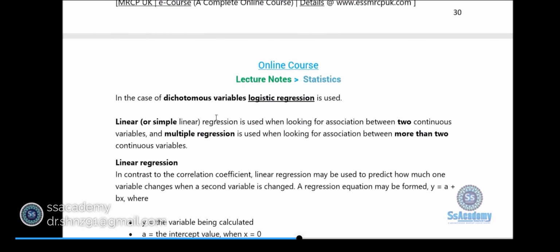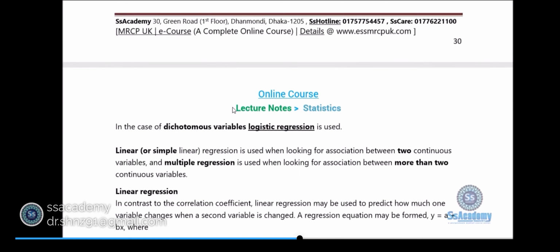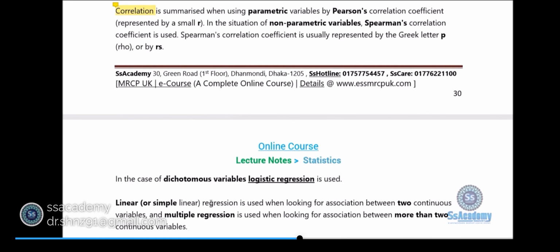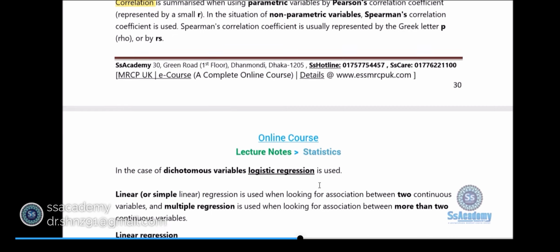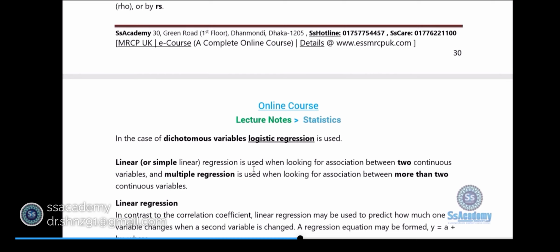In the case of dichotomous variables, logistic regression is used. Linear regression is used when looking for association between two continuous variables. So linear regression, two continuous variables.